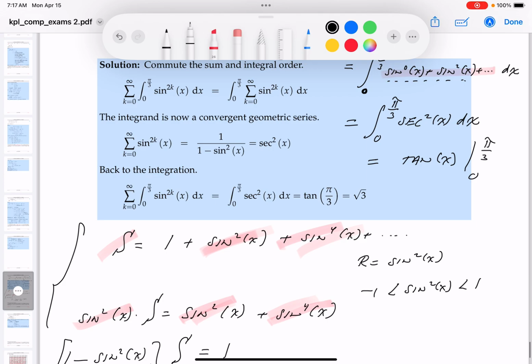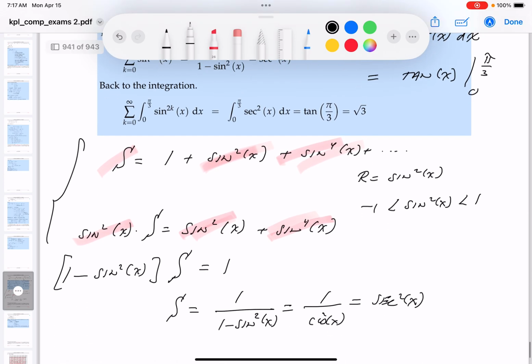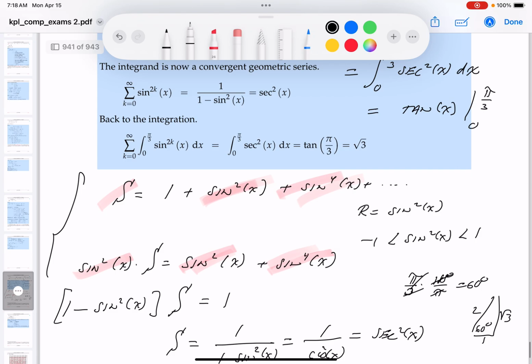Pi over 3 is, just to remind you, 180 degrees over pi, the pi's cancel, get 60 degrees. Got a triangle that looks like this over here: 1, 2, root 3. And the tangent of 60 is going to be root 3, minus the tangent of 0, which is 0.